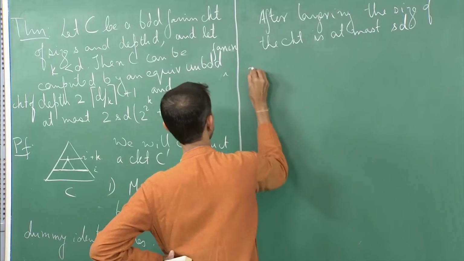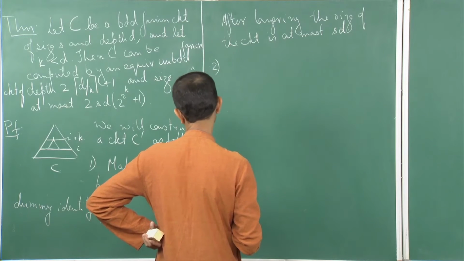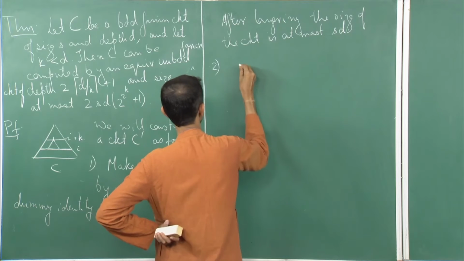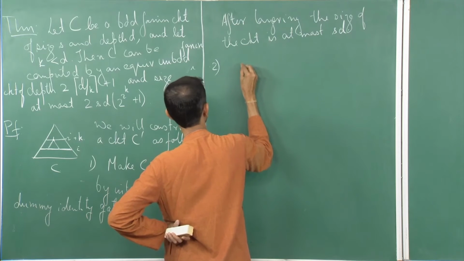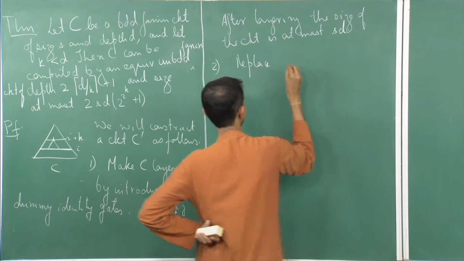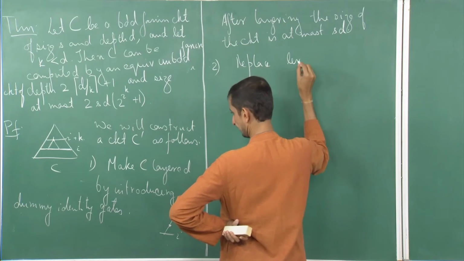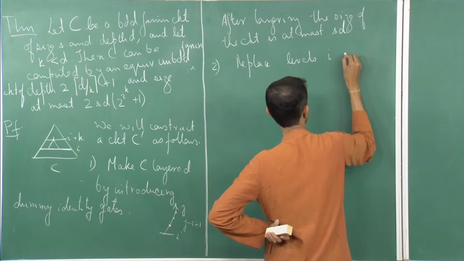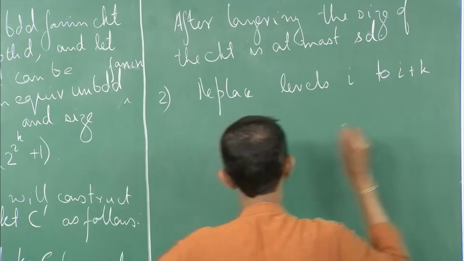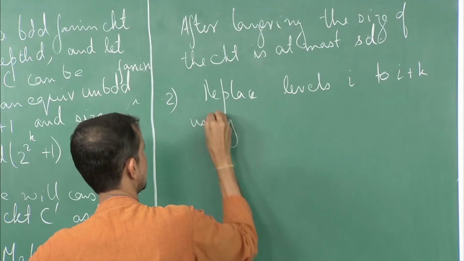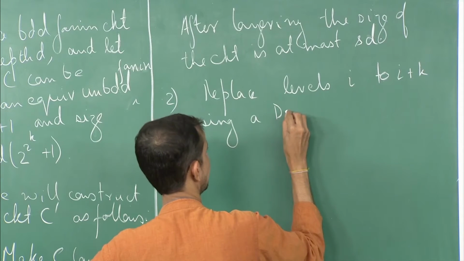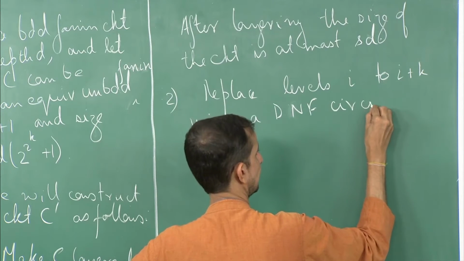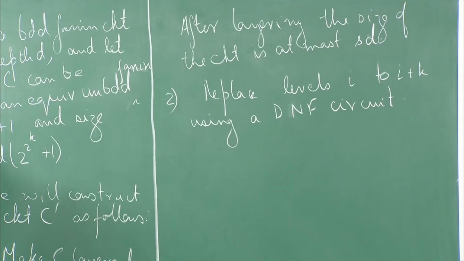Now, what I will do is replace levels I to I plus k using a DNF circuit.